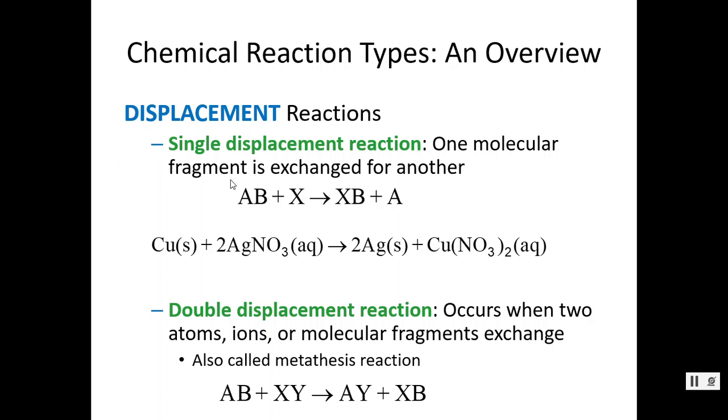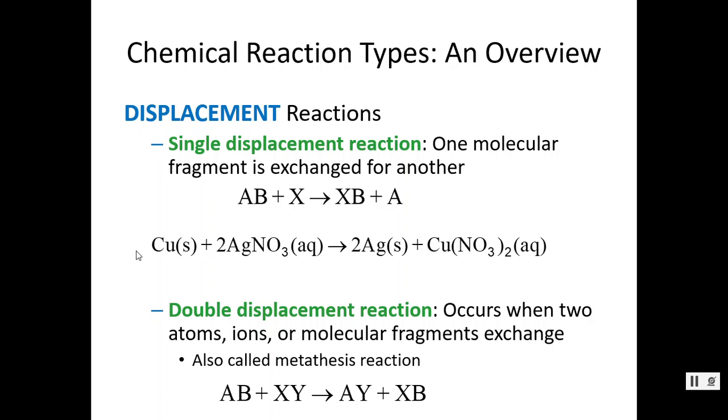And in that single displacement reaction, you see a switching of one species with the other. So if I was to have some ionic molecule reacting with some species X, X and A would switch places to give me XB plus A.